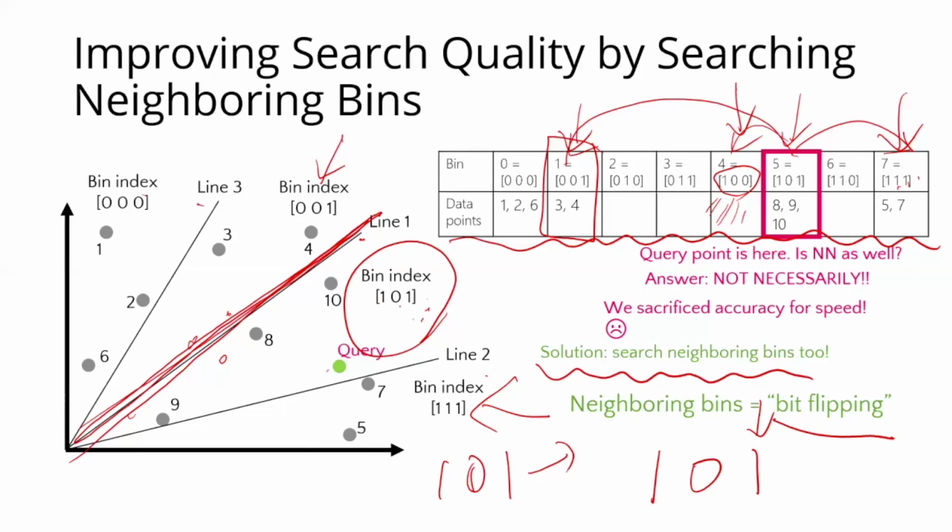Similarly, if I flip the second bit, what it means is I still want to be below line 1, I still want to be below line 3, but now I want to be below line 2 as well, because previously I was above line 2. What that means is I'm going to jump over this line 2 while maintaining the other relationships.